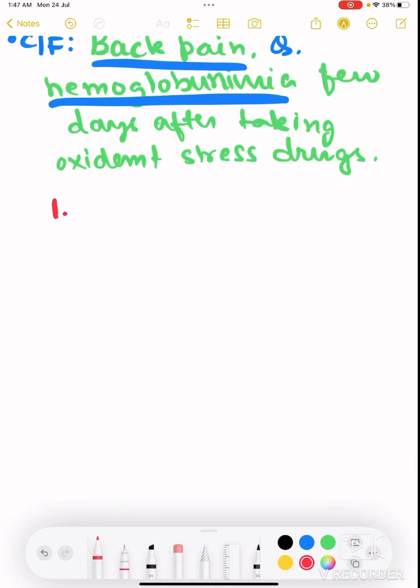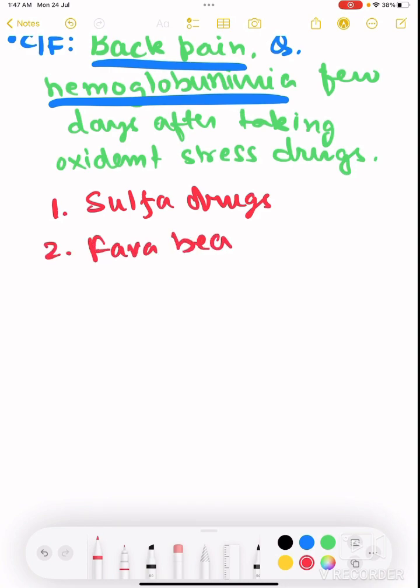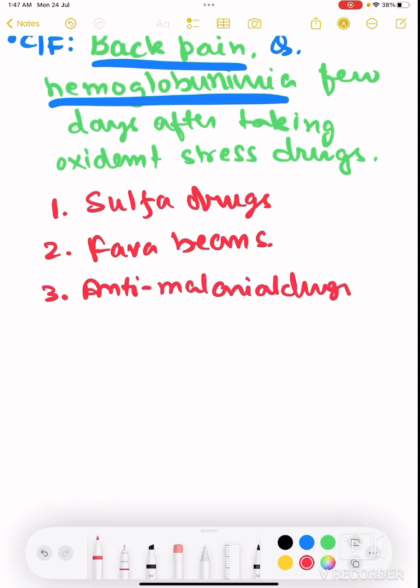First of all, sulfa drugs. Second, fava beans. Third, anti-malarial drugs. Fourth, infections. And there are a few more drugs that you actually need to remember.